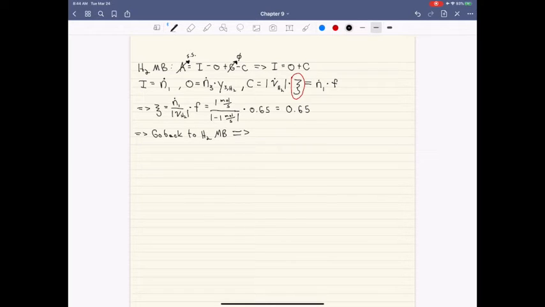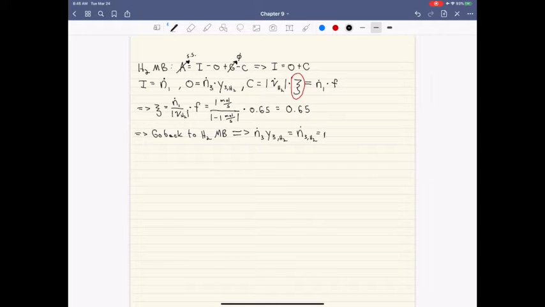Really, now that we figured out what the extent of reaction was, the only term that's left unknown in our material balance is the product of the stream 3 flow rate and the mole fraction of the hydrogen in that flow rate. First we could just call this the flow rate of hydrogen in stream 3.